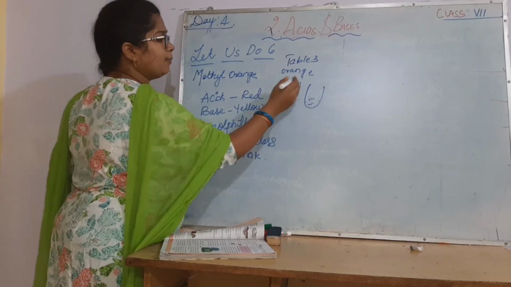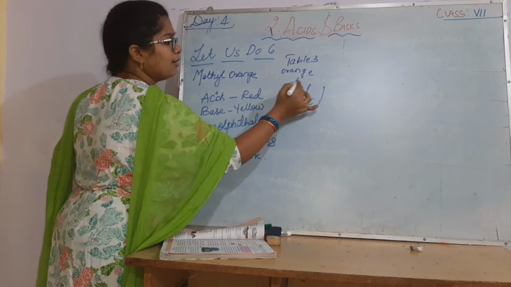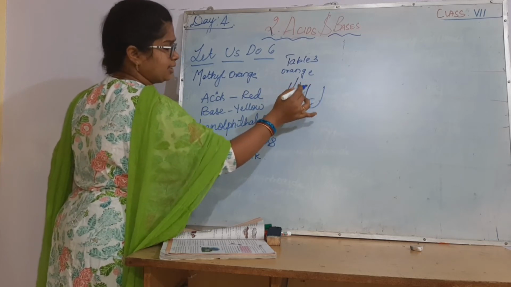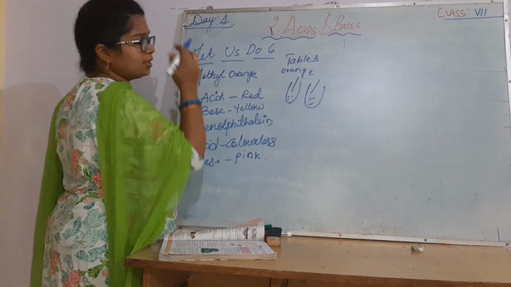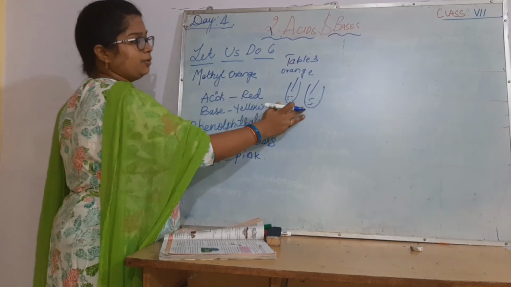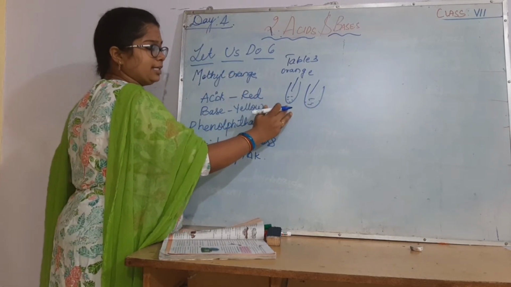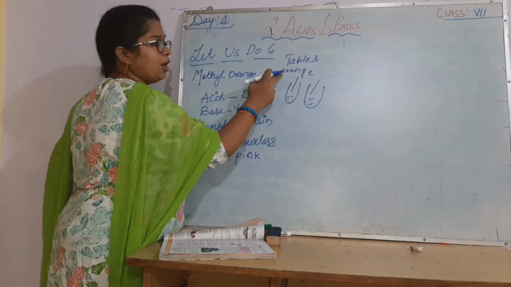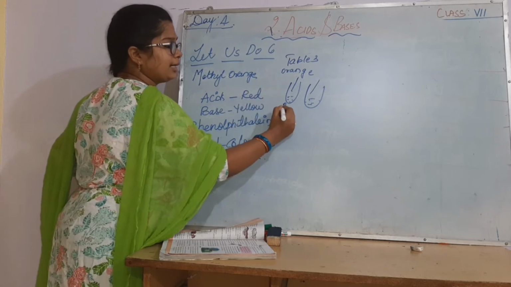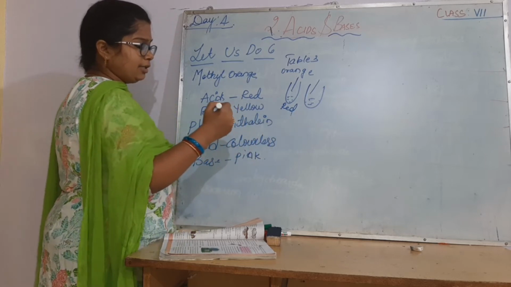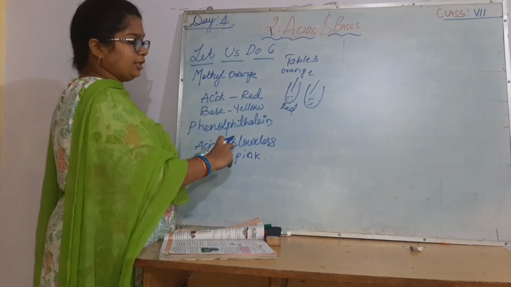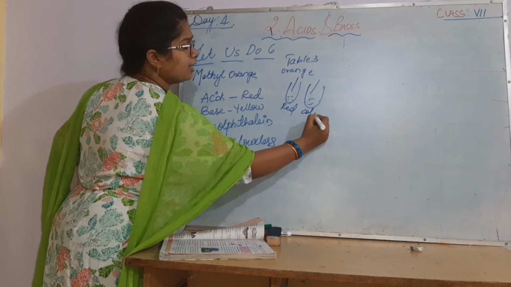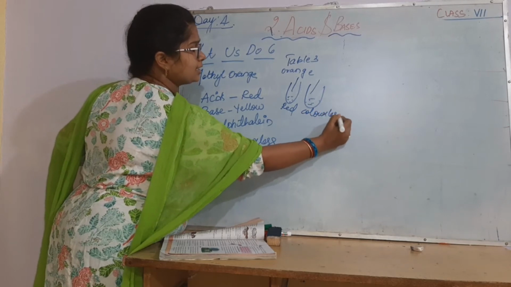Add one drop of methyl orange, or four drops you can say, and four drops of phenolphthalein solution. As you know before itself, orange is sour to taste, it is acidic in nature. So it turns methyl orange to red color, and phenolphthalein solution remains colorless in the case of acids.